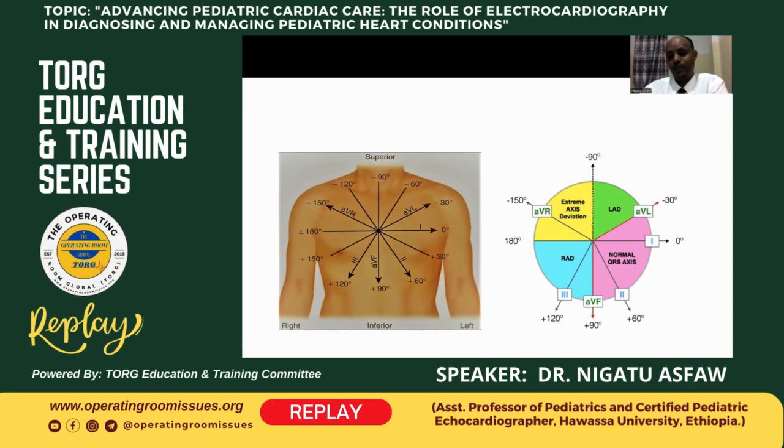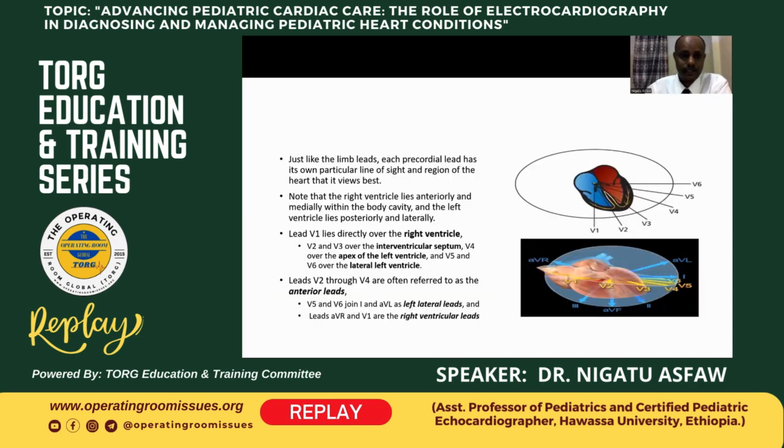And usually in pediatrics, in early infancy, there will normally be right axis deviation. That means it will be in this quadrant. And this axis determination will also help us in determining whether there is chamber hypertrophy or not. I will discuss this in subsequent slides.